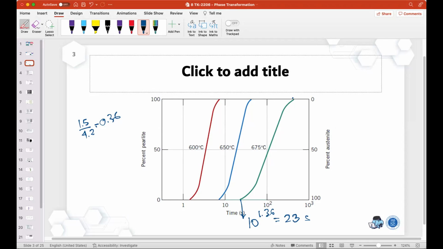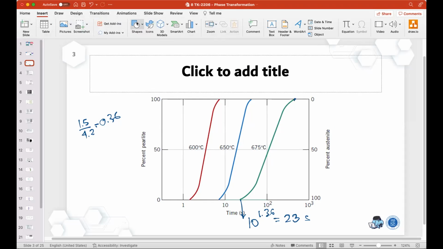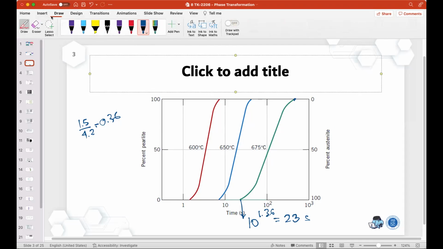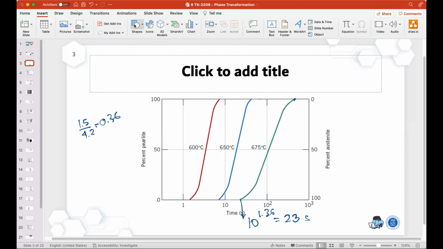And then for the final one, for example these points, I'm going to measure the scale again. From the 10 to the 2 to this one, 2.75 divided by this point, 4.35.